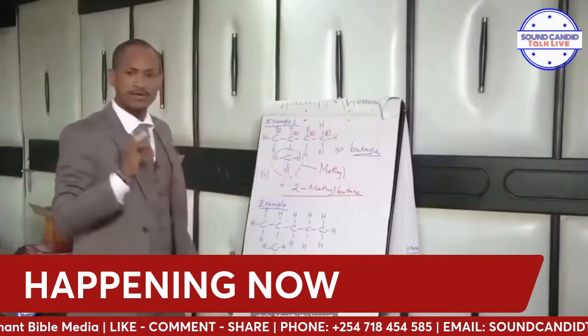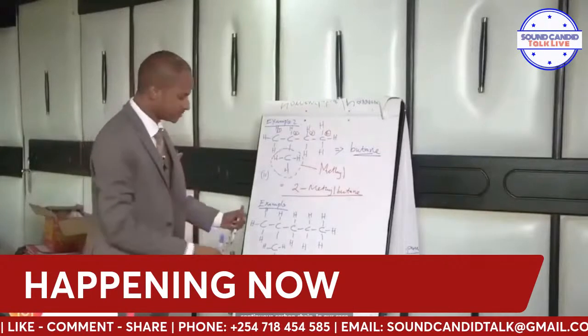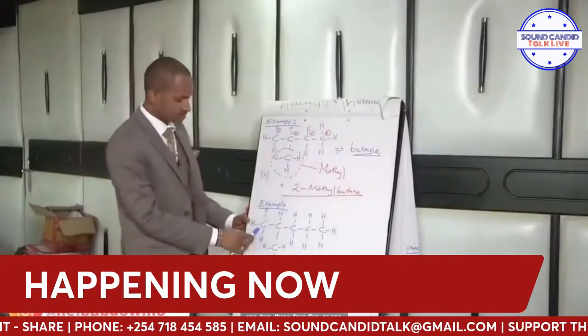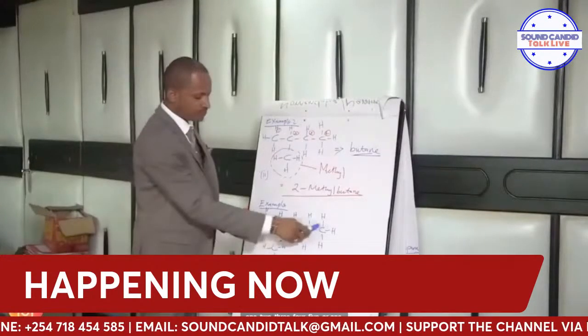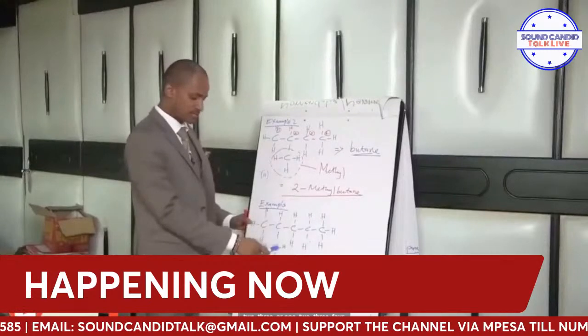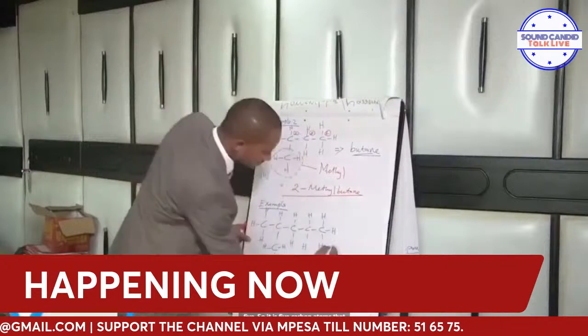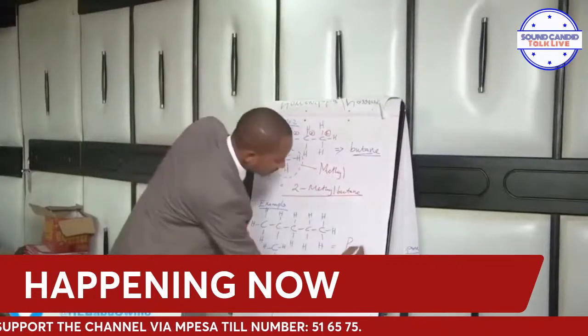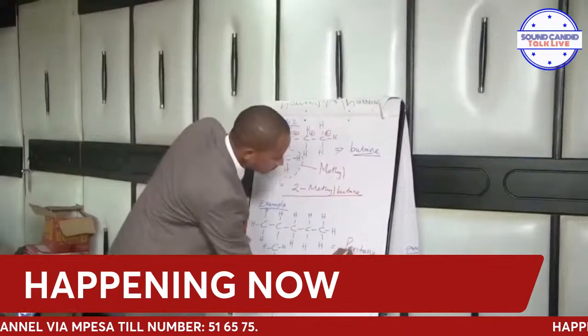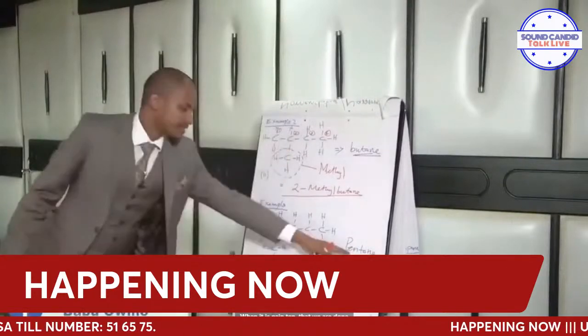In our case, 1, 2, 3, 4, 5. So it is 5 carbon atoms that gives it pentane. When it is pentane, we are done with it.